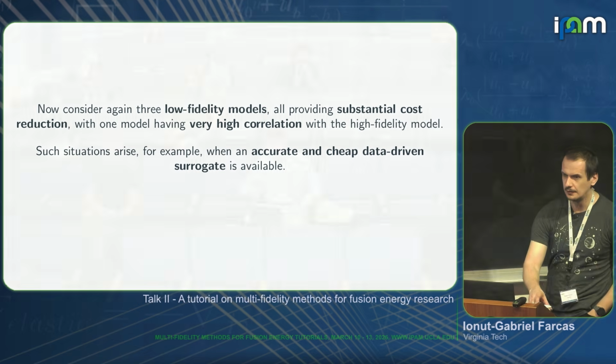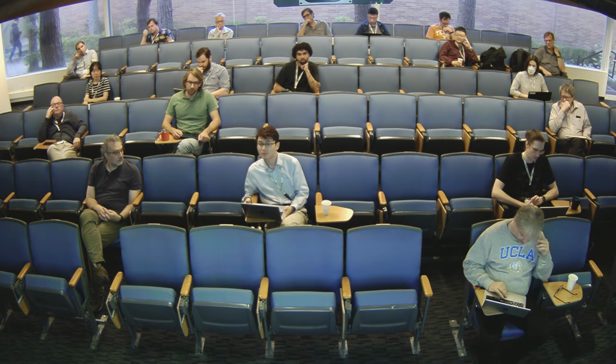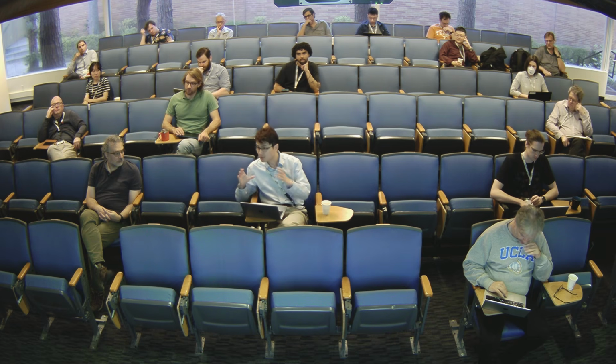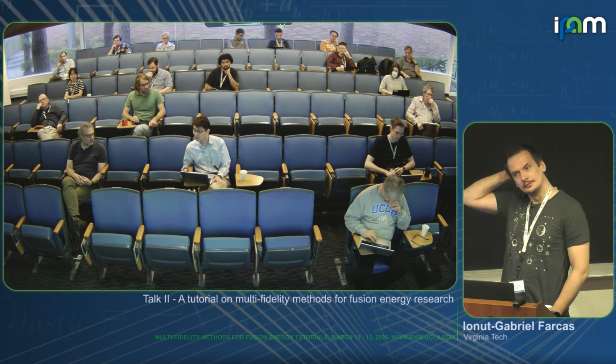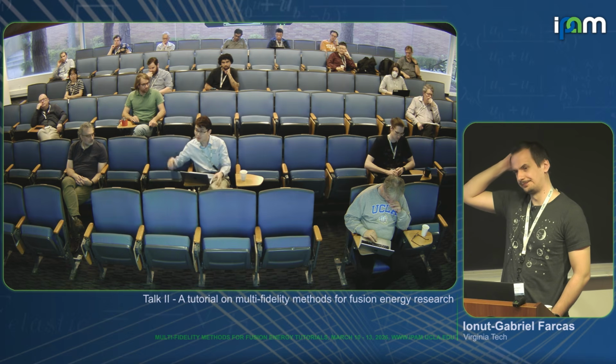Yes? Sorry, this reminds me of a quick question. Sometimes we build a neural network as a cheap surrogate, and that's a data-driven one. But because of the training, in a certain region of the design space or the input we are more confident, and in a certain area we may not be that confident, especially when the input space is high dimensional, like all the points are kind of far away from each other.